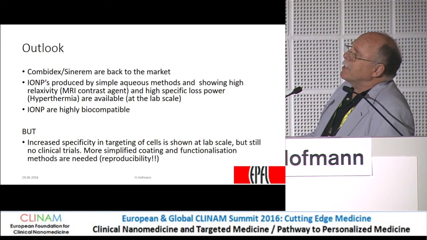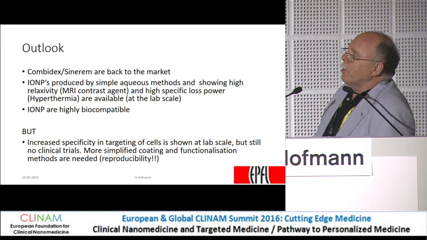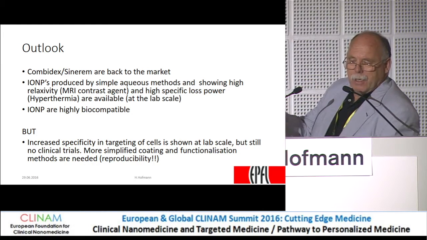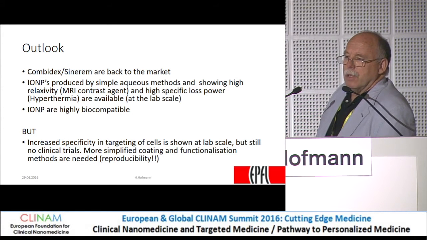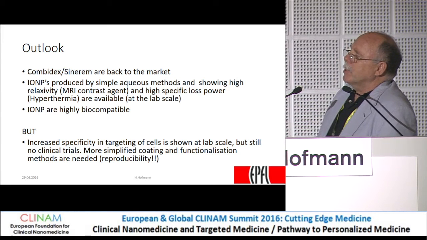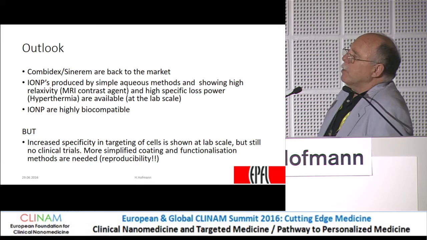From this side, everything is okay now. But the problem is still that we need increased specificity in targeting of cells. This is shown on lab scale, it is possible, but still we have no clinical trials.